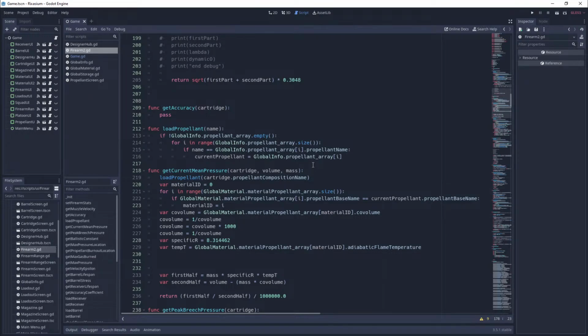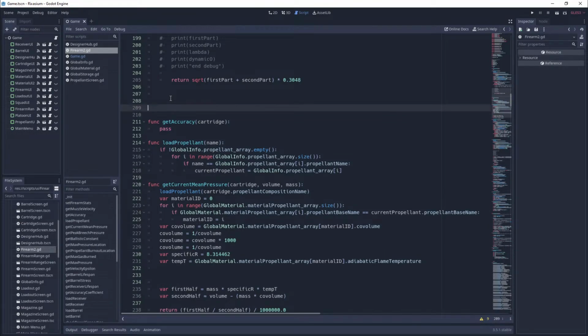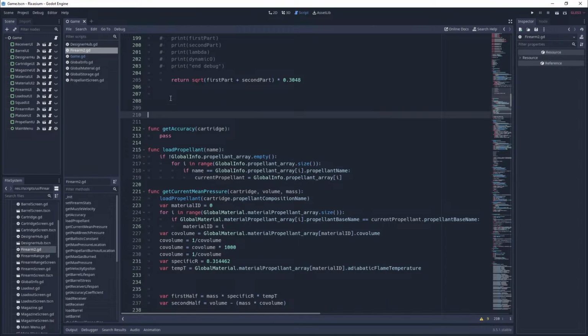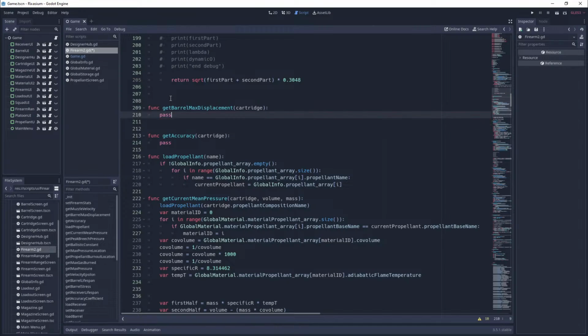So this get accuracy method is what we want to use. Or we'll put one above it: get barrel max displacement. This requires a cartridge, and we are currently going to pass it.